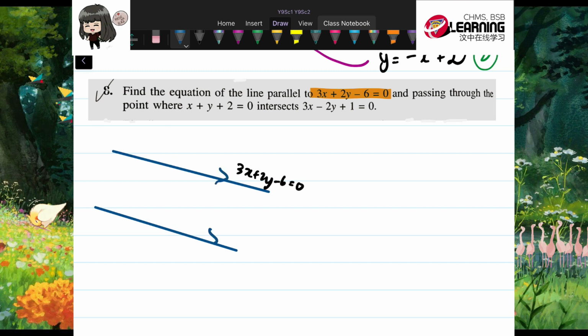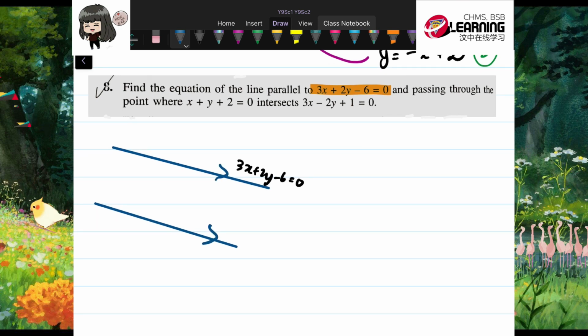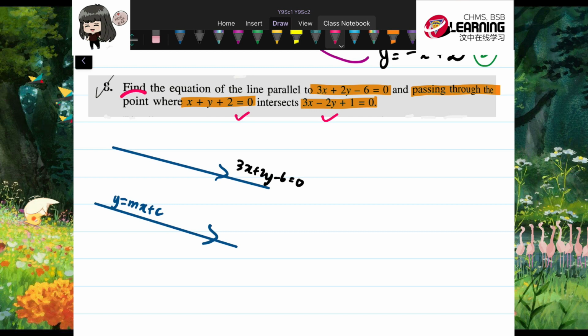This parallel line, we need to find this equation, y equals to mx plus c. And this line is actually passing through the point where this one and this one intersect. These are 2 lines, and they intersect at that point.